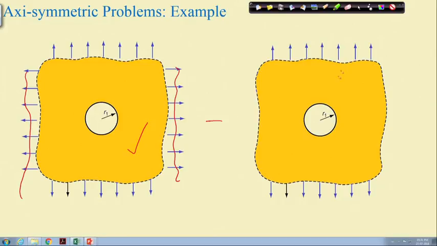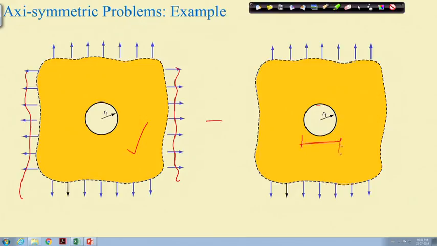Now we have just an infinite plane, a plate with infinite dimension, and we have a hole at the center or anywhere, and then this plate is subjected to some uniaxial loading, uniaxial tension like this. Whenever I say infinite plate, it does not literally mean infinite, it means the dimension of the plate is very large as compared to the dimension of this hole.